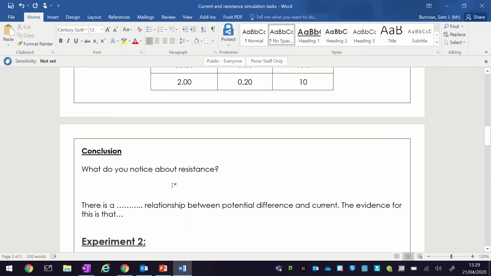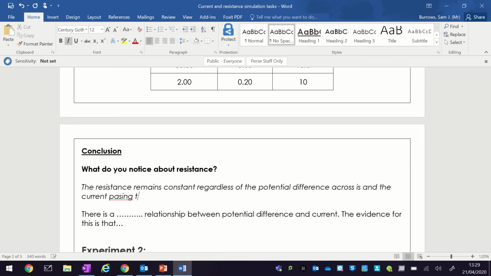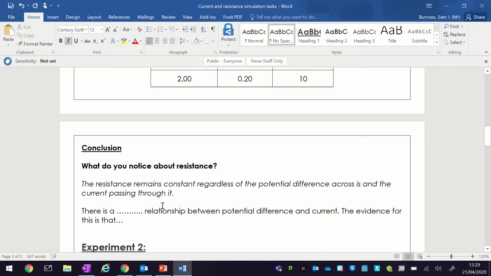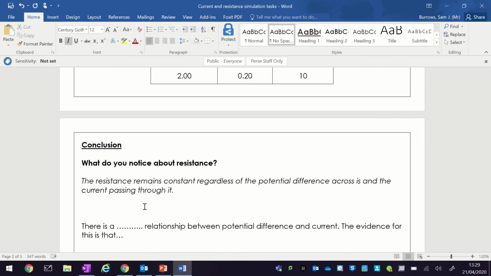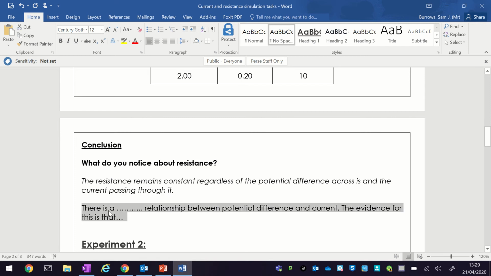In terms of what we noticed, let's make this bold. You can see that the resistance remains exactly the same regardless of the potential difference or current.